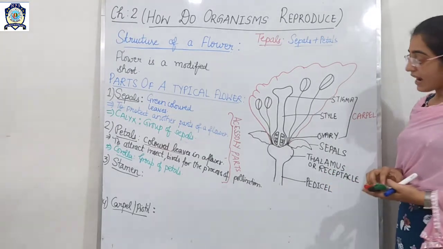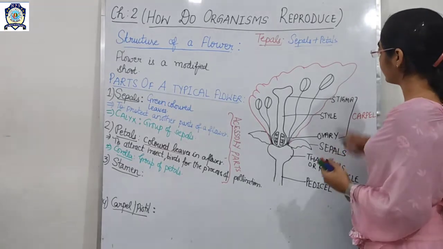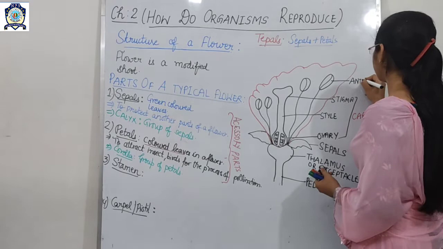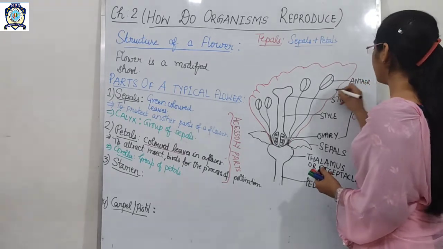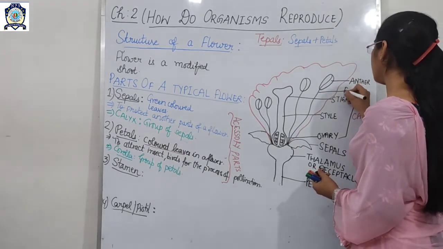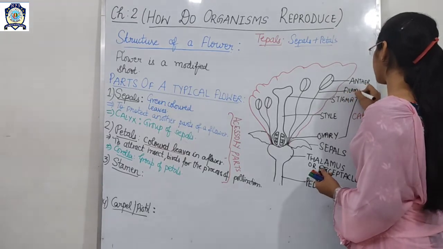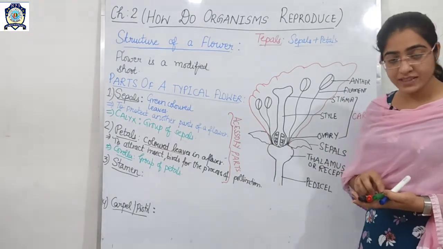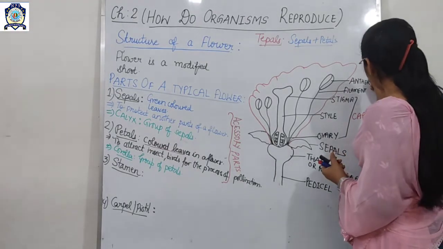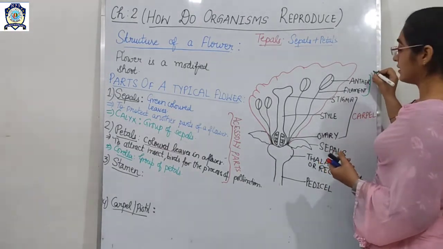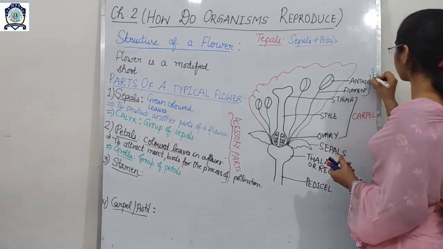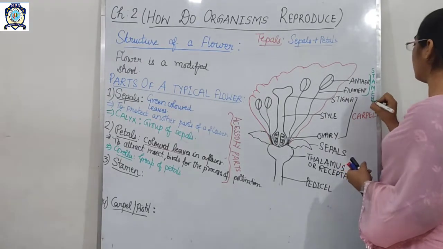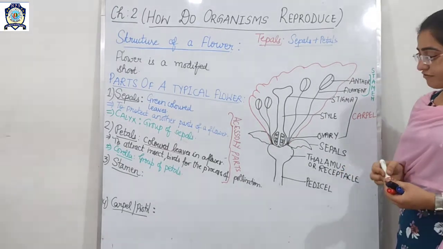Am I clear? And this one is anther and this one is called the filament. So anther and filament, both of them, they form the stamen. I have less space here, so you can easily draw a neat and clean diagram of a flower.